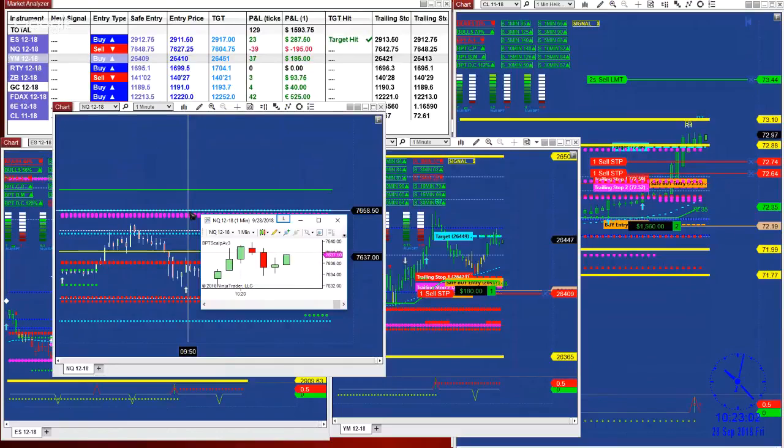No, they are the same numbers. They are the same number. Have you noticed the NT7 is one tick faster?